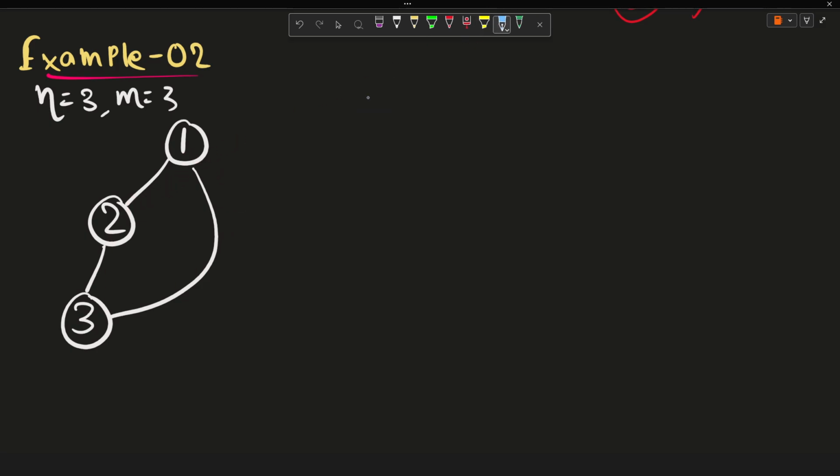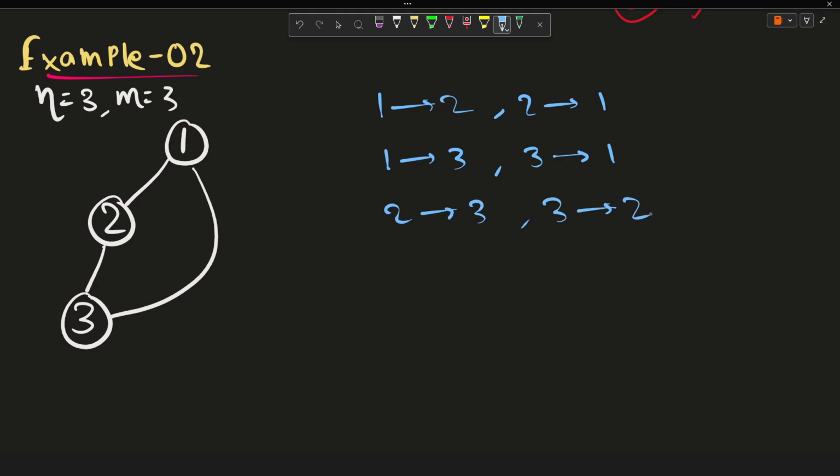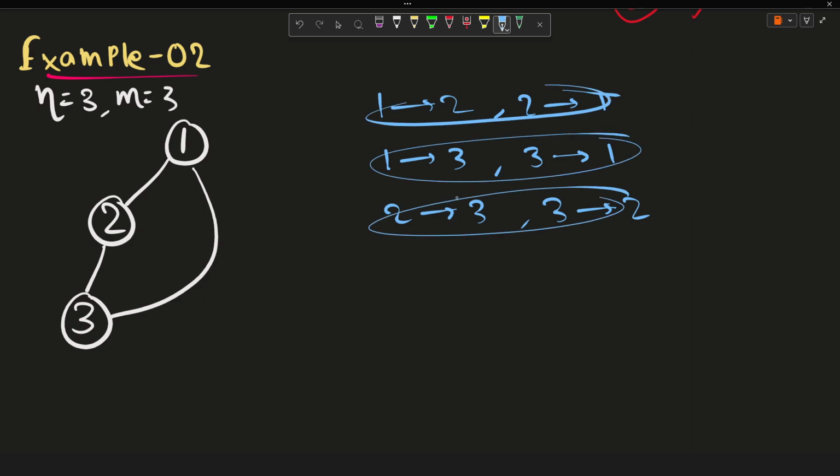So if I write here, we can go from 1 to 2, and similarly from 2 to 1. Similarly we can go from 1 to 3 and from 3 to 1, and also from 2 to 3 and from 3 to 2. We will not consider these two things different.